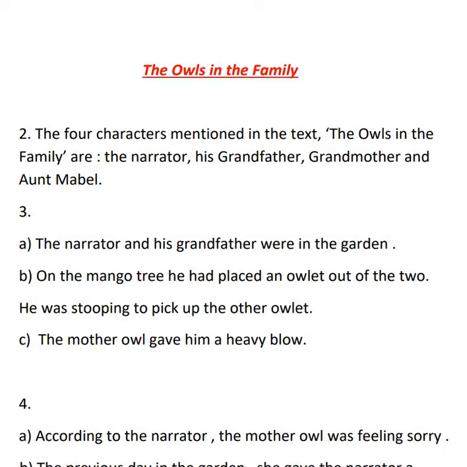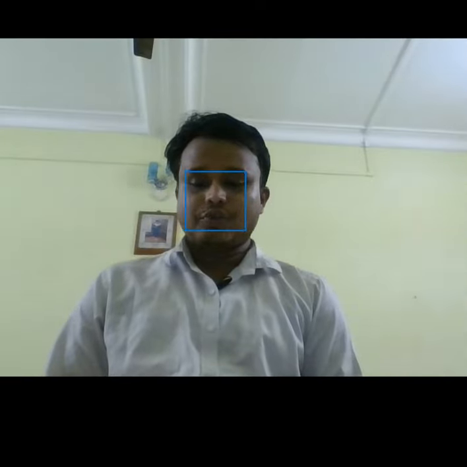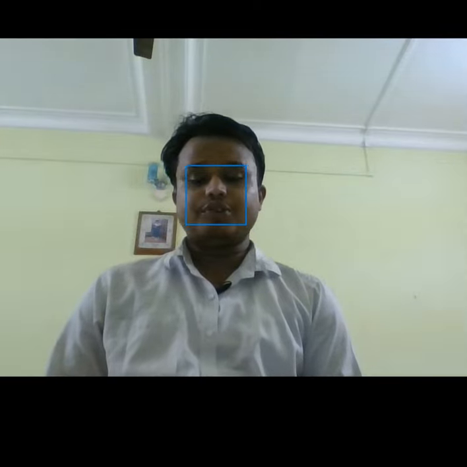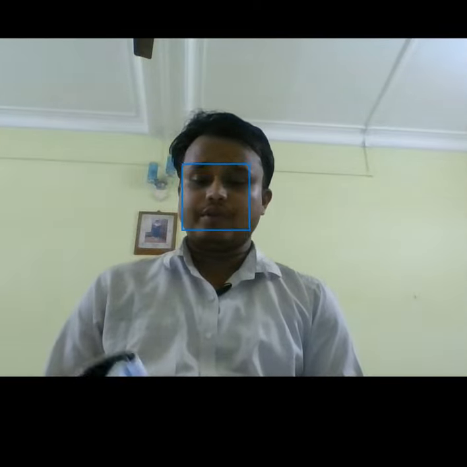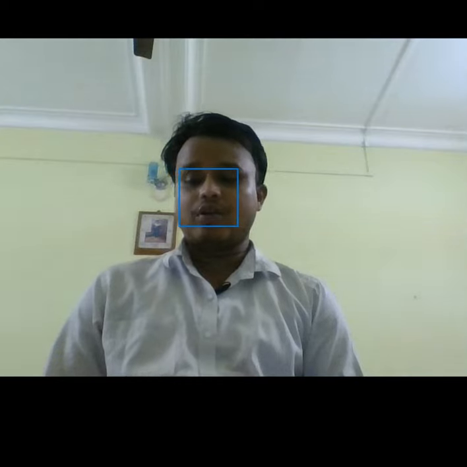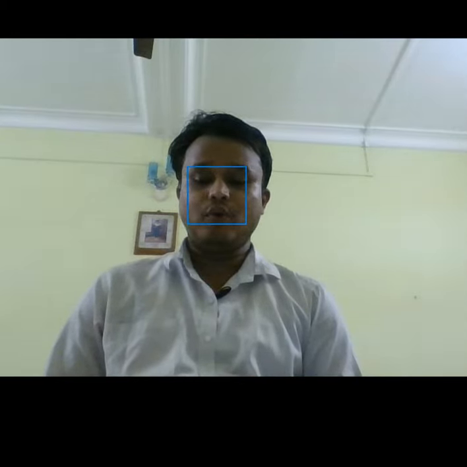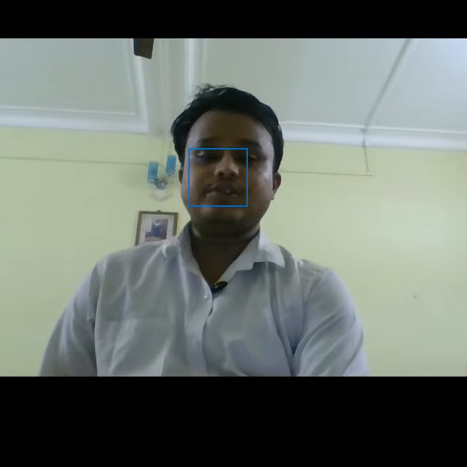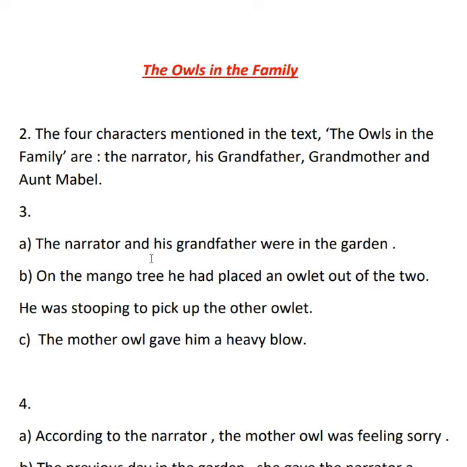Then the next question, that is question number 3. I had placed one on a branch of the mango tree and was stooping to pick up the other, when I received quite a heavy blow on the back of my head. Where was the narrator? The narrator was in the garden. You can write here, the narrator and his grandfather were in the garden.